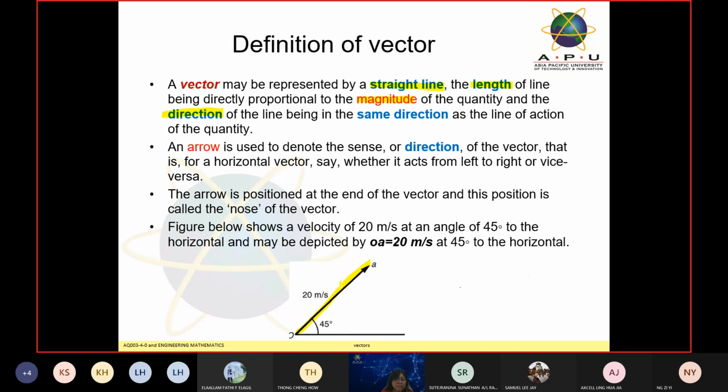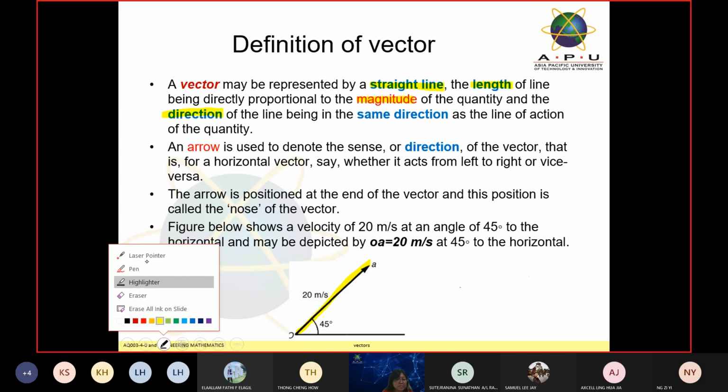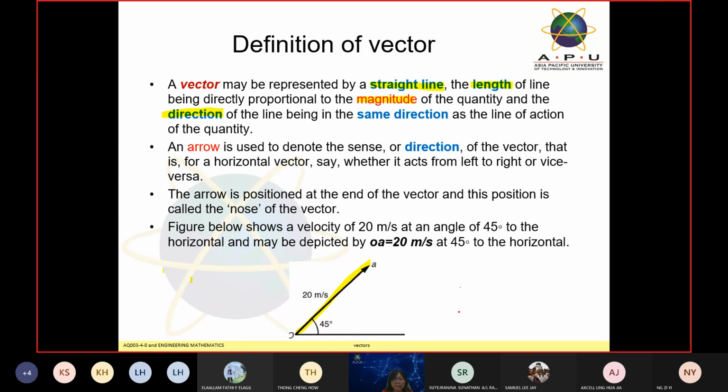And then the direction: can you see different vectors with different directions show different angles? So we can have a vector with a different angle, and that is the direction of the vector.